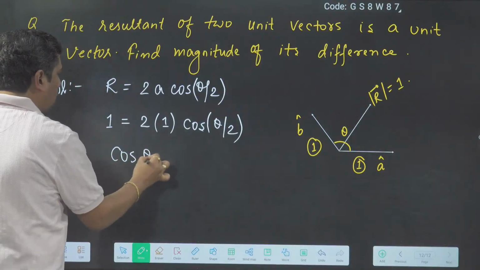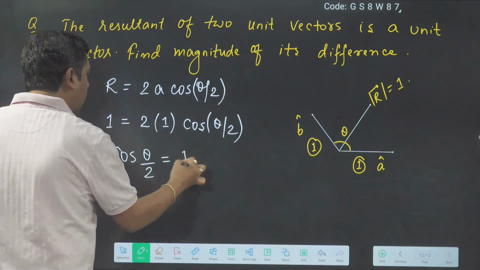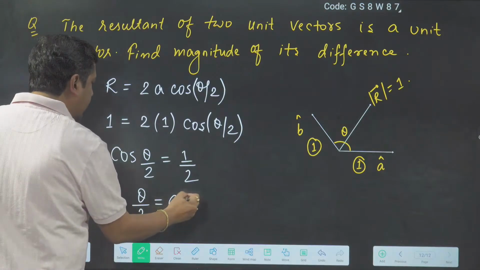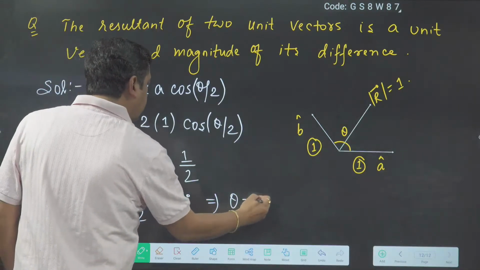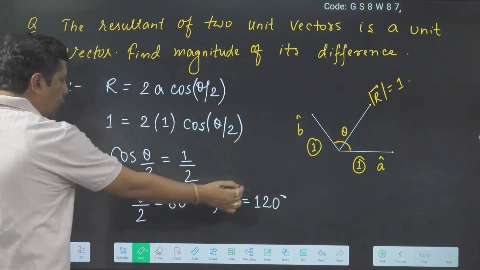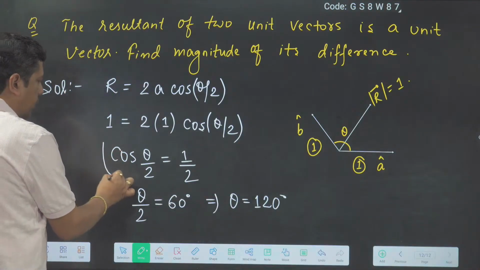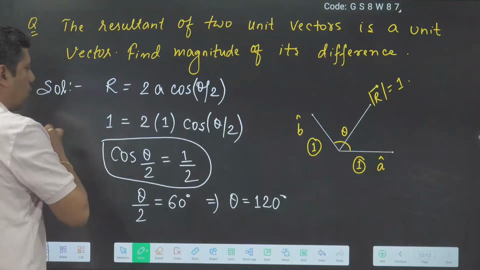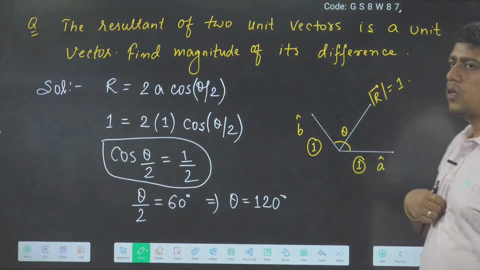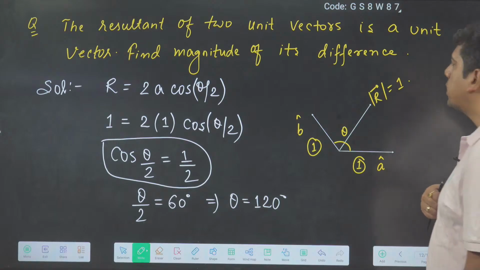So we get cos theta by 2 equal to half. Theta by 2 is 60 degrees, so theta we are getting is 120 degrees. Or we don't need to find this theta, you can keep this thing: cos theta by 2 is half.